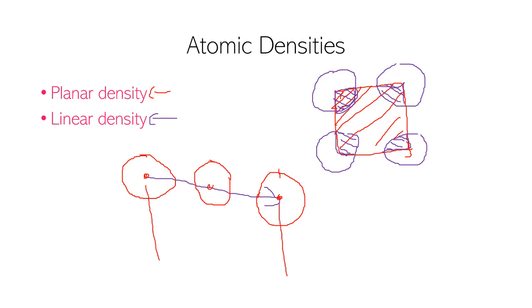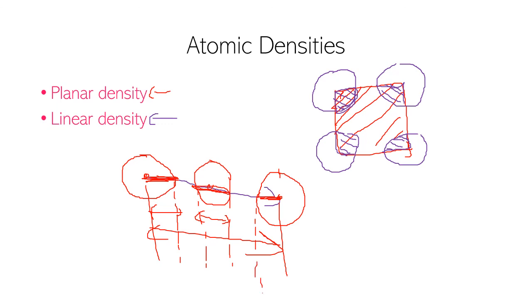If this is the length of the direction, then this much is the radius of the left hand atom, then the diameter of the middle atom, and the radius of the right atom.